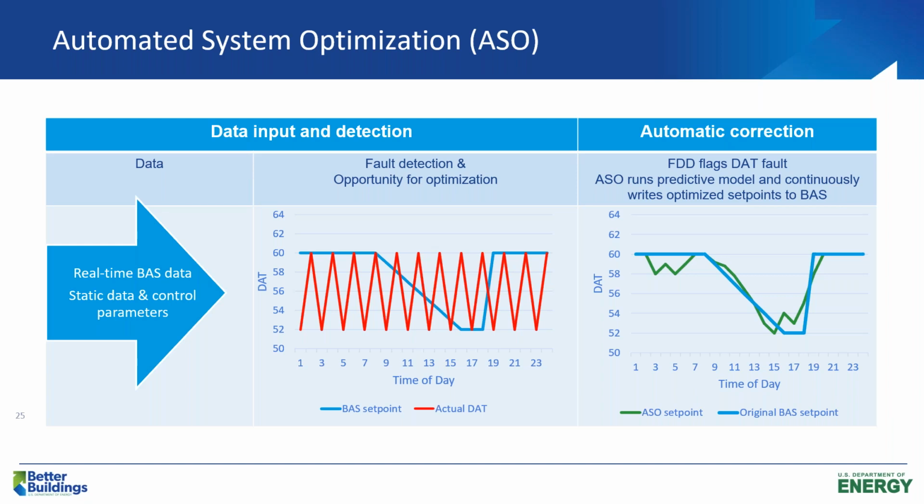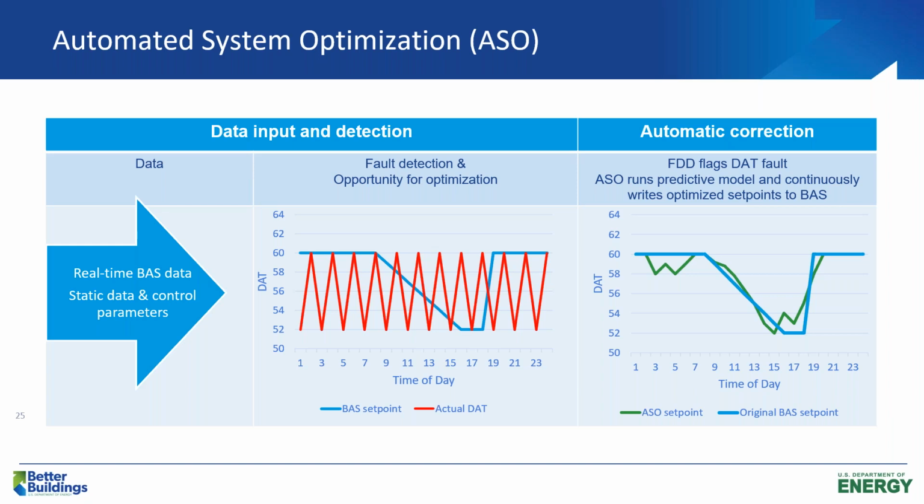So an FDD, which is often paired with ASO, would find that fault and say your system's unstable, something's going on there. That's the first layer of finding those problems. Your BAS set point may be telling it in this light blue line what to do, but it's not following that.